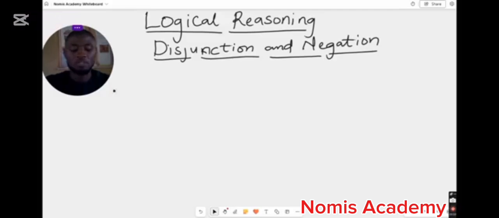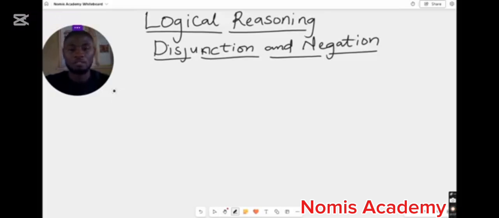You see, two statements can be combined by the word or to form a new statement. That is, combining statements P and Q together to form another compound statement, making use of the connective or.